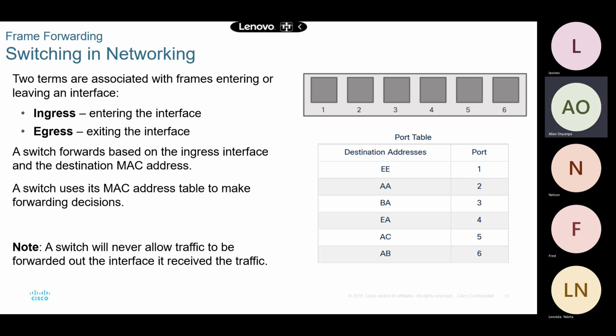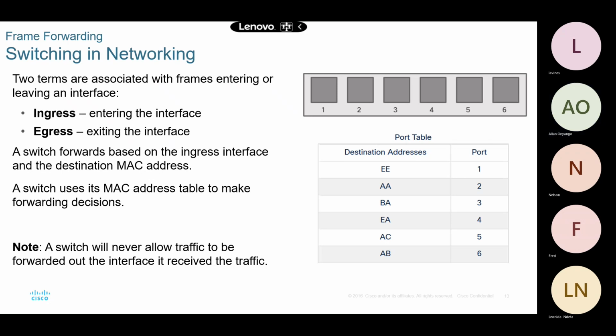To start us off, let's remember that we initially talked about the MAC address and the MAC address table, and how the switch uses the MAC address table to do the job that it does. The MAC address table is very important in a switch.